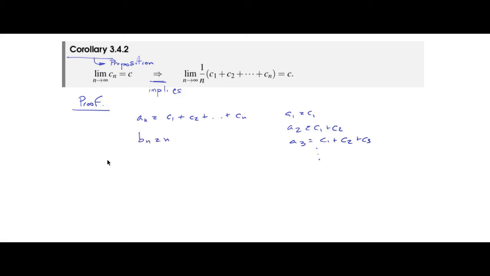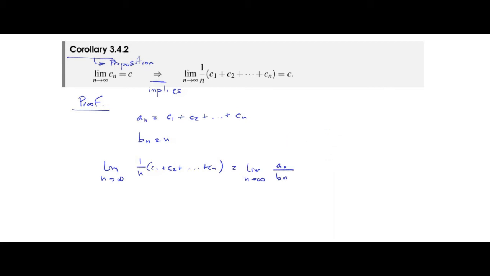Well, it's obvious that this limit, 1 over n times c sub 1 plus c sub 2 plus and so on plus c sub n, is the same as the limit when n goes to infinity of a sub n over b sub n, right? So those things are the same. We're just calling them different things.